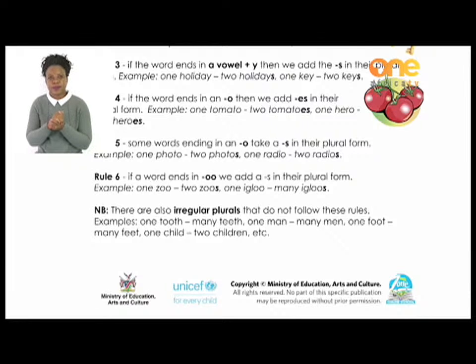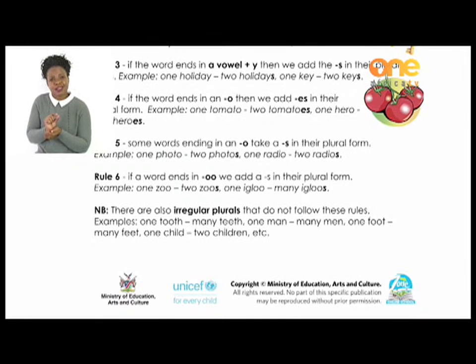There's one thing that I want you to understand, boys and girls. Not all nouns add ES or S. There are also irregular plurals that do not follow these rules at all.